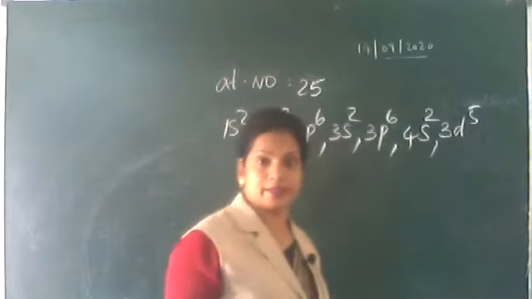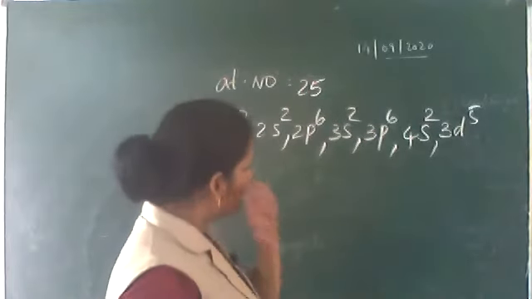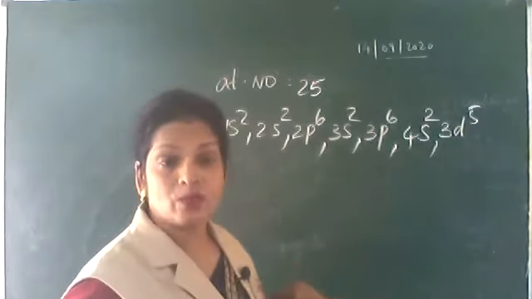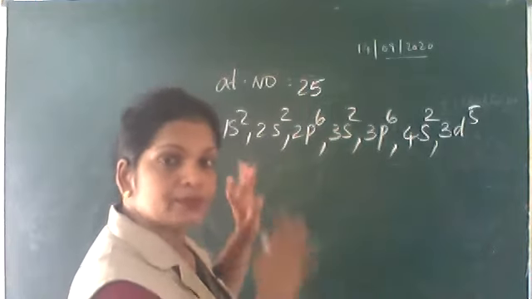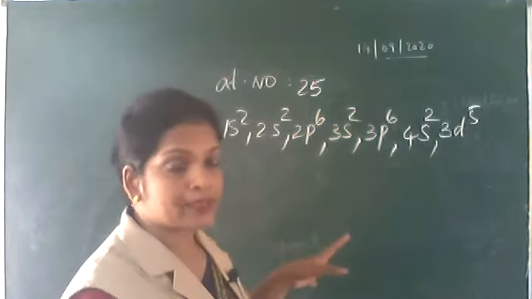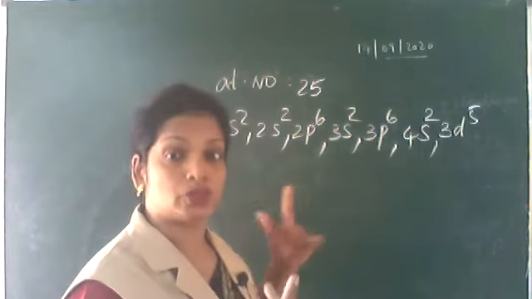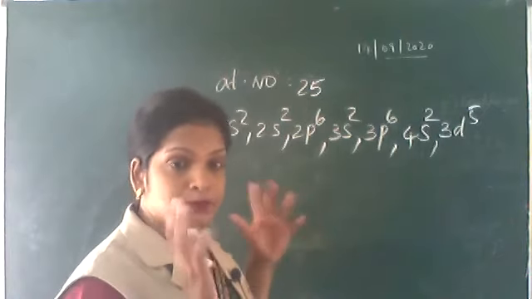Now you organize it. You have to put all of one shell together, all of the next shell together, then only you can know whether n-1 d also contains electrons.